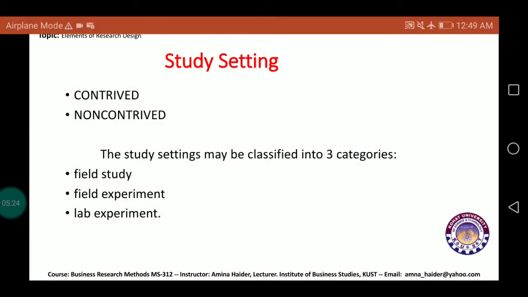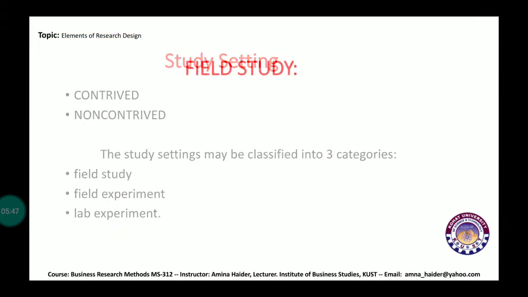Usually, field study and field experiments are examples of non-contrived setting, and lab experiment is an example of contrived setting. We will discuss these categories in detail one by one.